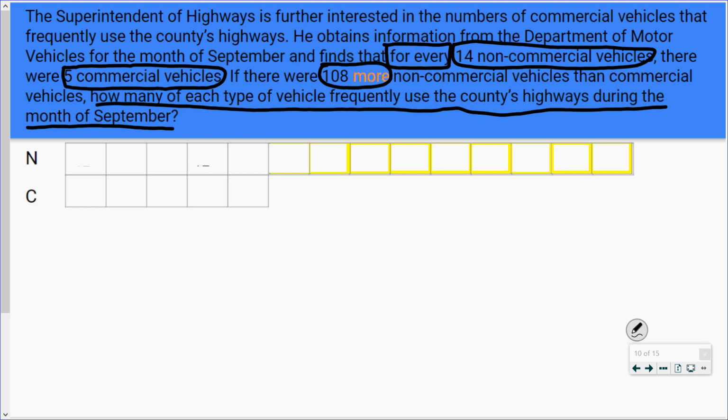If you're looking at the tape diagram, and you look at non-commercial vehicles N and commercial vehicles C, how many more non-commercial vehicles are there, just looking at the tape diagram? Yes, Kate? 9, correct.